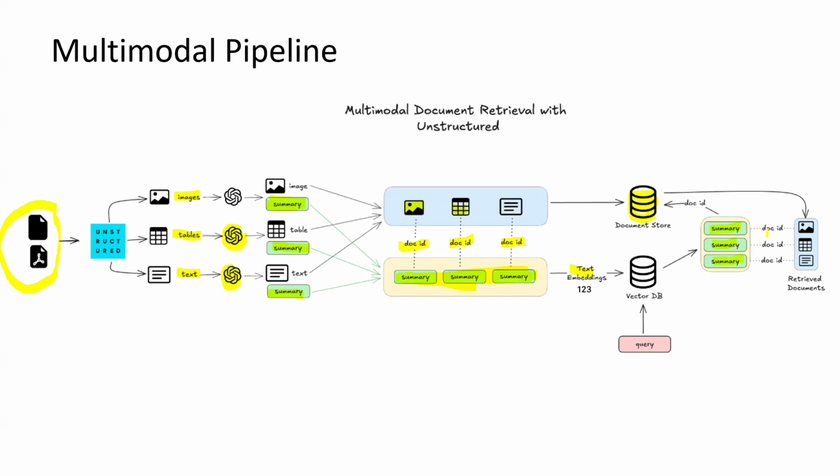One thing we have done is that these document IDs are stored. When we create these embeddings, we will save these document IDs in the metadata of the embeddings. So for the summary of this image, when we create the embedding, we will save the document ID in its metadata.